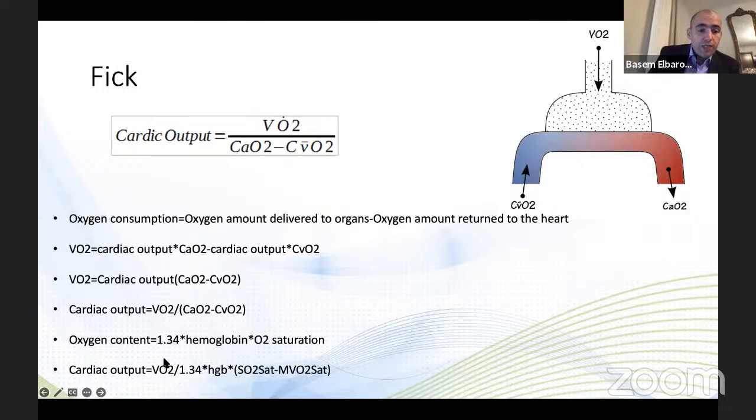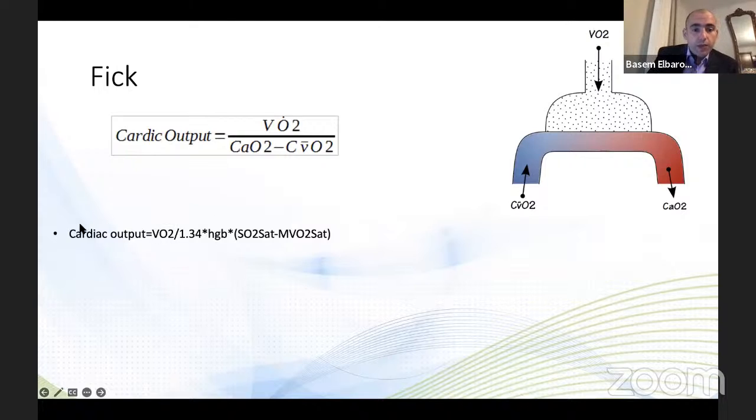And if we substitute the oxygen content, VO2 equals 1.34 multiplied by hemoglobin multiplied by the systemic oxygen saturation, which is the arterial blood saturation, minus the mixed venous oxygen saturation, which is the venous return to the heart. Okay, so this is how we reach the equation. Cardiac output equals VO2 divided by 1.34 hemoglobin multiplied by the difference in the oxygen saturation, systemic minus mixed venous.